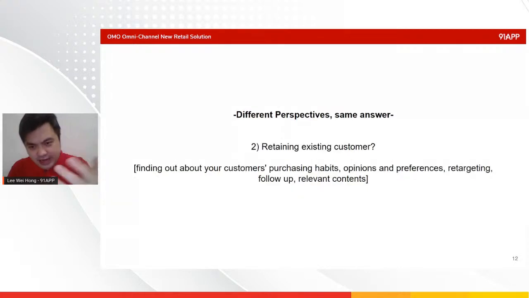So the next one, what about retaining existing clients? This is even more common in CRM usage. When you're able to find out and understand your clients' insights, behaviors, preferences, opinions and purchasing habits. So they normally buy on weekends at night time. They normally buy when I do like 5% promotions.